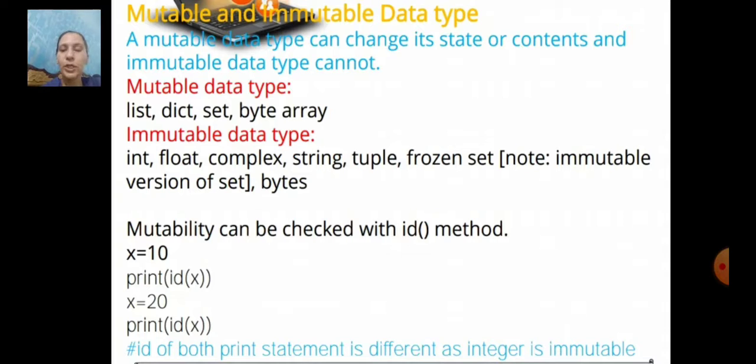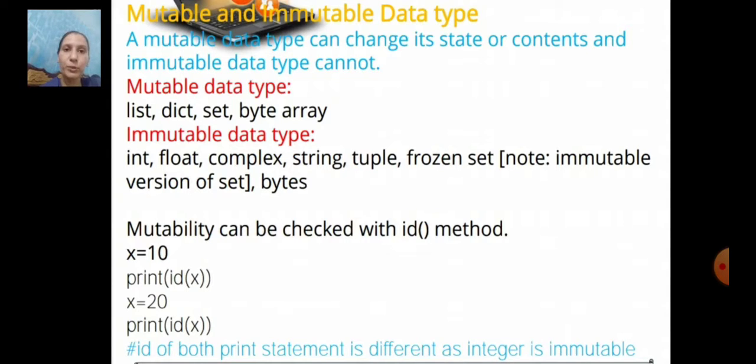Immutable means you cannot change the value of a variable once declared. Suppose we declared x equals 10, then we cannot change it. We have to declare a new variable. When we declare x equals 20, it references a different location.